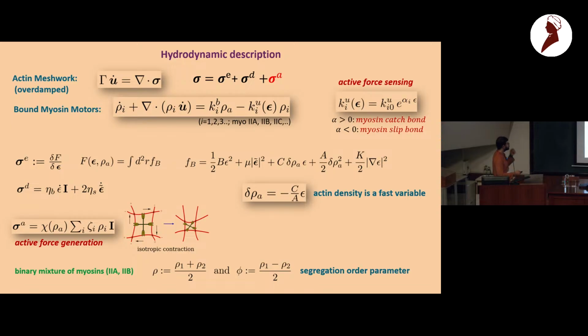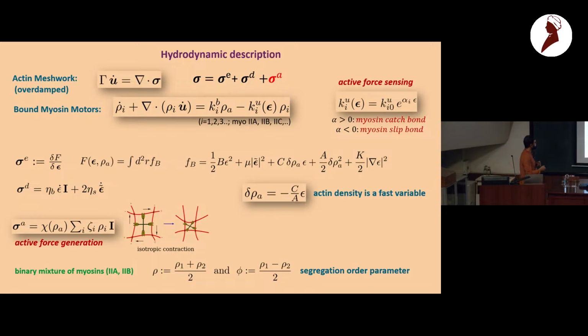Now, briefly, the active stress can be a general function. This is a simplifying assumption, and this function chi has been measured experimentally. It is a sigmoidal function that rises up and then saturates.